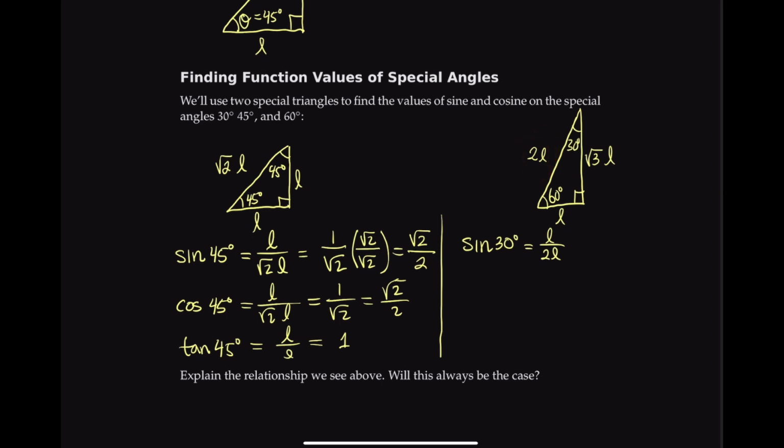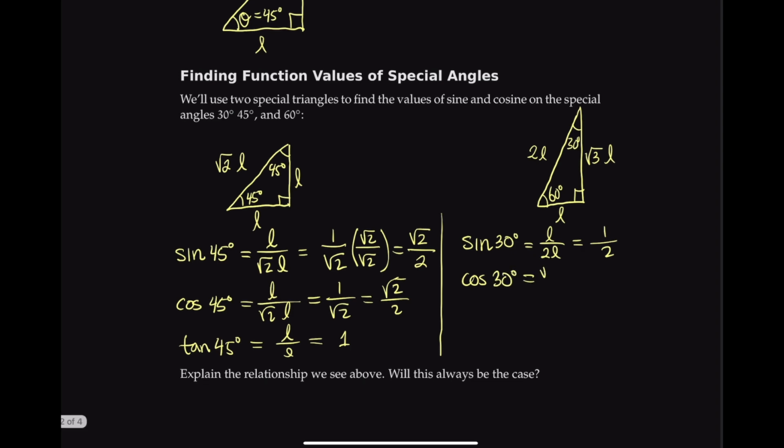And so this is going to be 1 over 2, 1/2. And the cosine of 30 degrees is going to be what? It's the adjacent over the hypotenuse. So it'll be the root 3 times L divided by 2L. And we'll end up with the square root of 3 over 2.